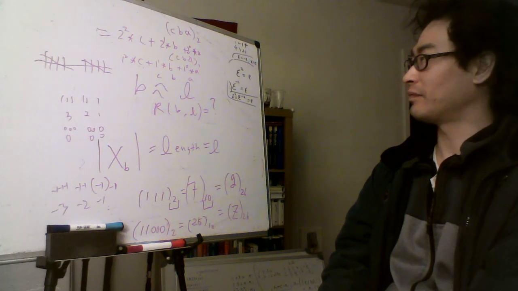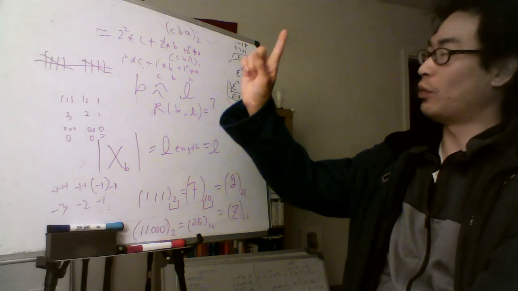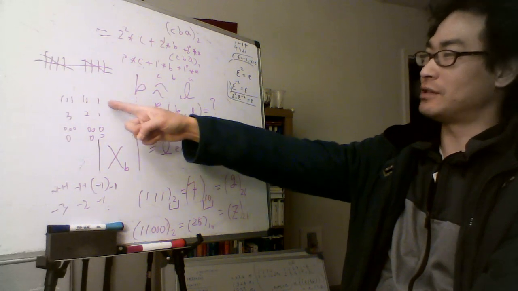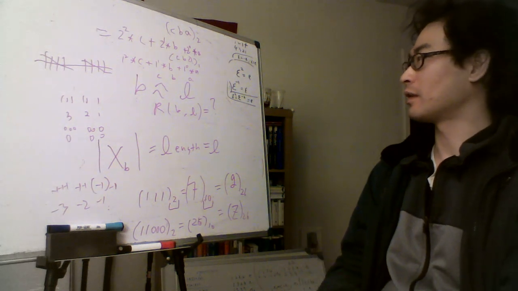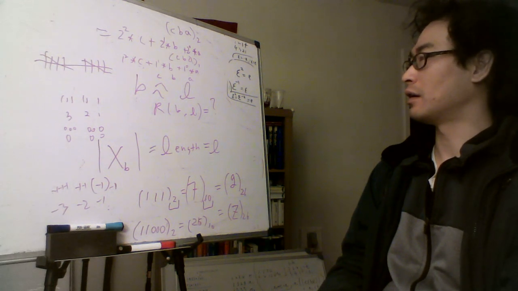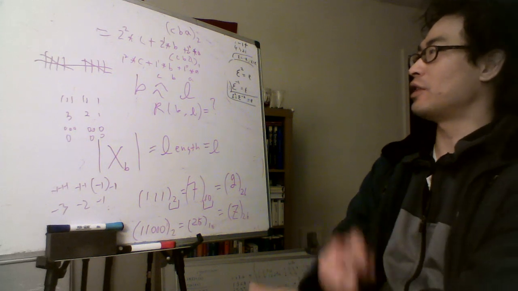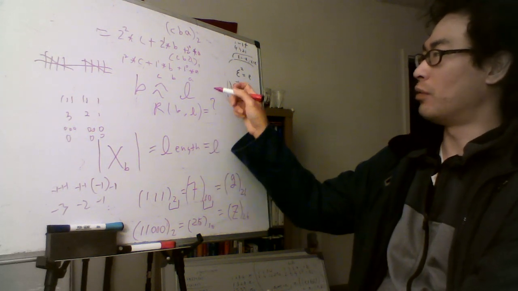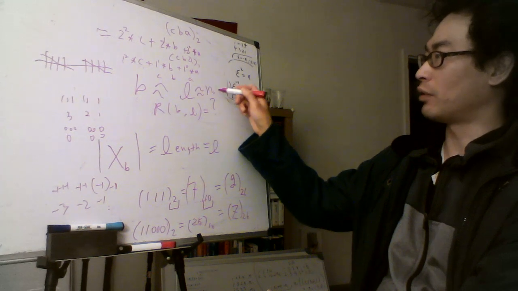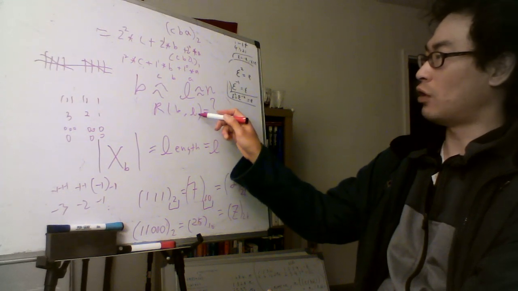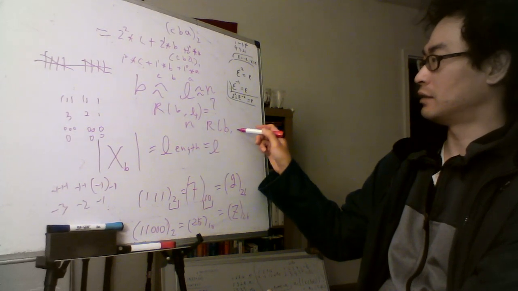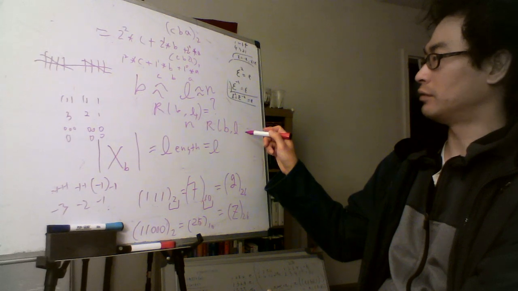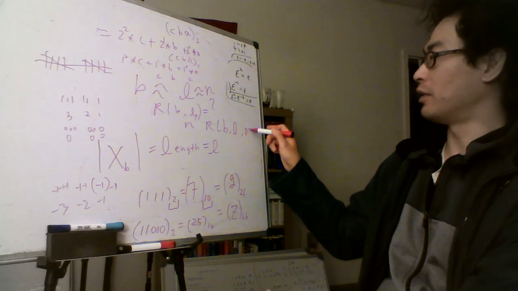Now, when the base one system is used, we actually have three things: the base, the length or number of digits, and the number itself.